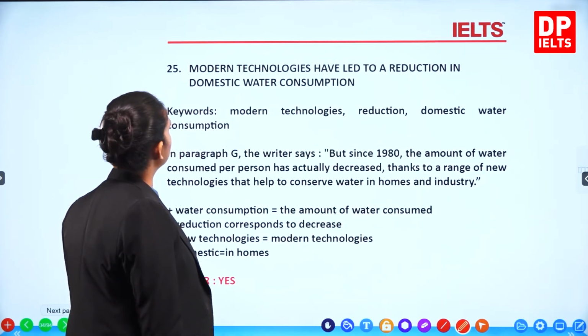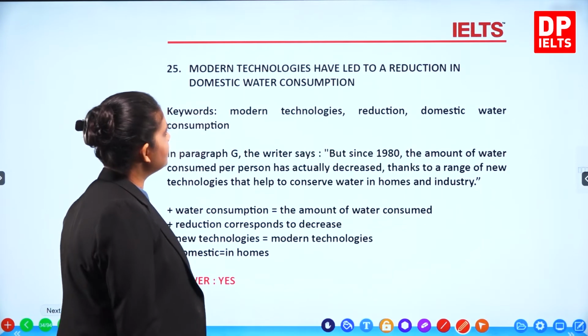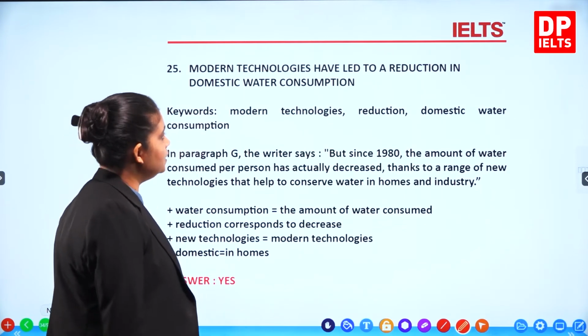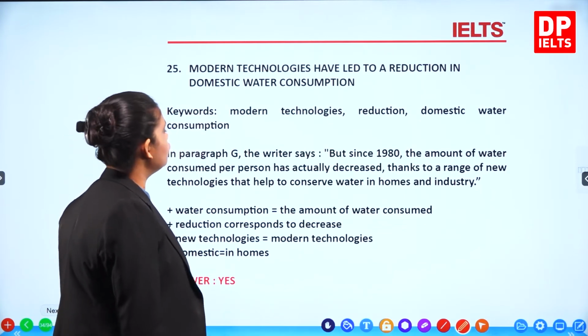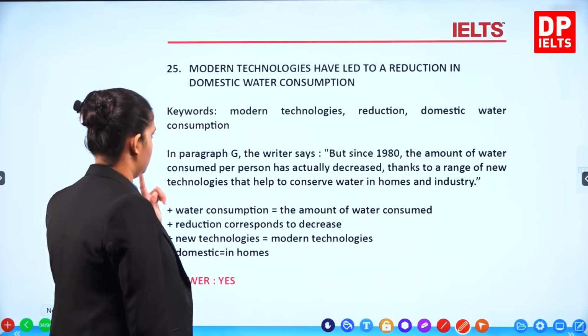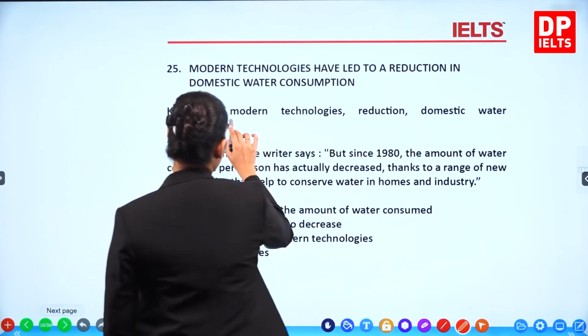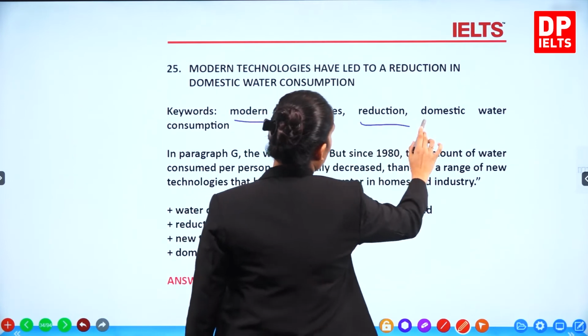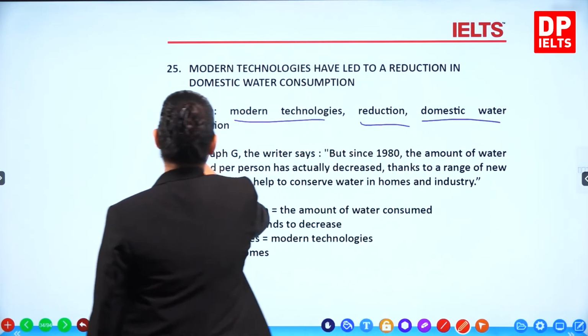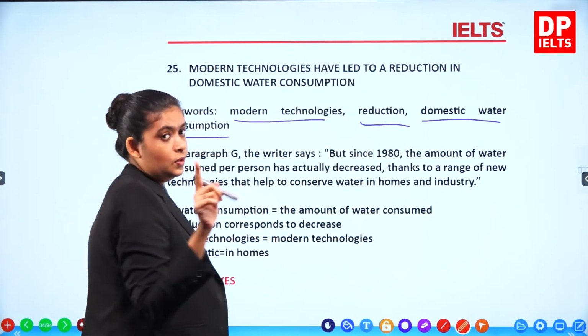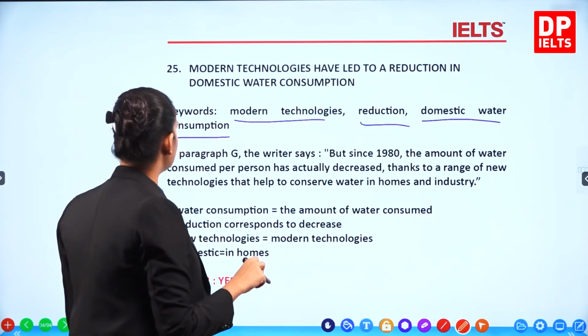Alright, next question. Modern technologies have led to a reduction in domestic water consumption. Okay? Modern technologies, reduction, domestic water consumption. Those are your keywords. Let's have a look.